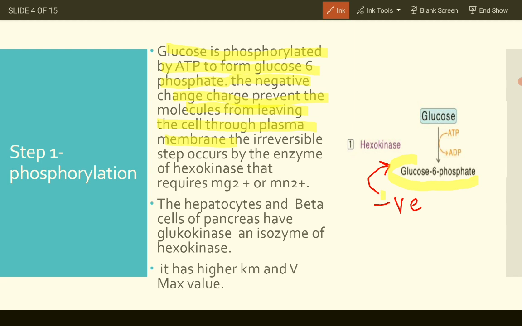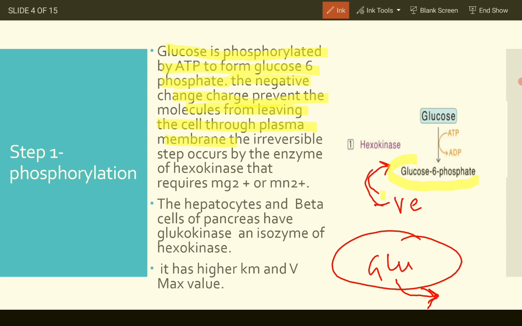Hence, due to this negative charge, the glucose will no longer be able to cross the plasma membrane on its own. For example, if here was glucose in the cell, generally through an enzyme or through facilitated diffusion, the glucose can cross the plasma membrane. Not on its own, it would require some transport proteins, but it could still cross the plasma membrane.